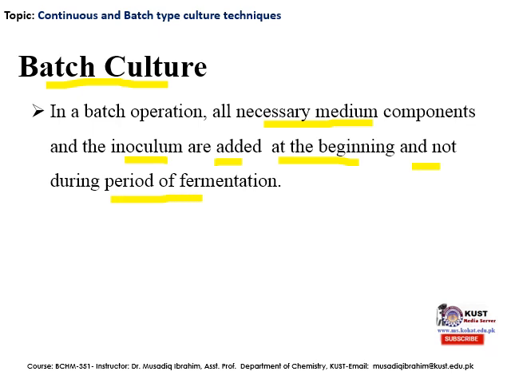So this is important to note that in case of batch culture, the medium and the inoculum both are added at the start of the fermentation process, and no addition of medium or inoculum is taking place during the process of fermentation.